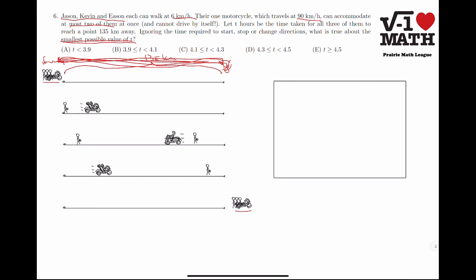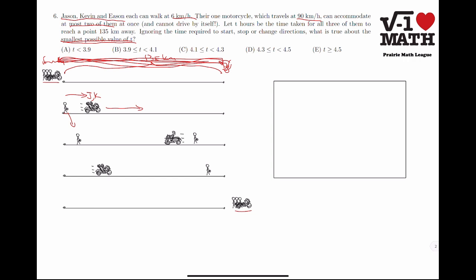So suppose Jason and Kevin start on the motorcycle. But Ethan doesn't need to just stand there and waste his friend's gas. He can actually start walking while they keep on moving.